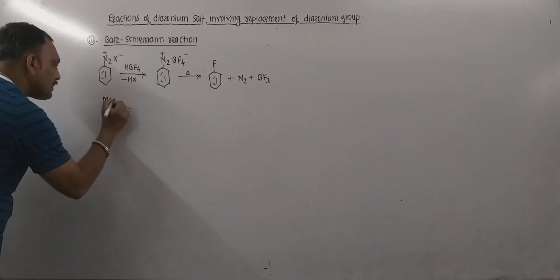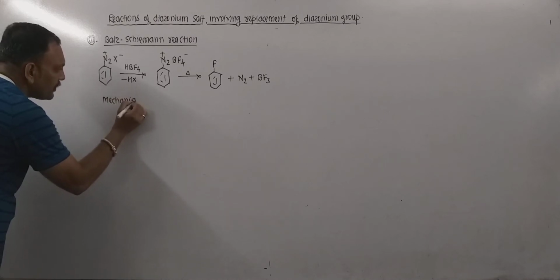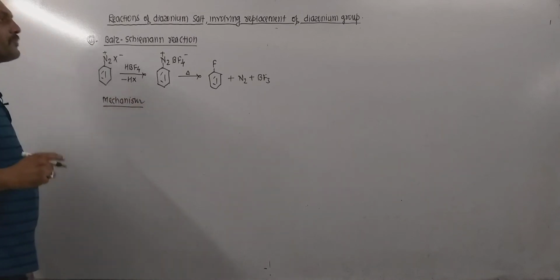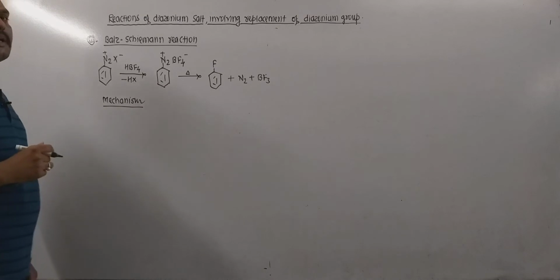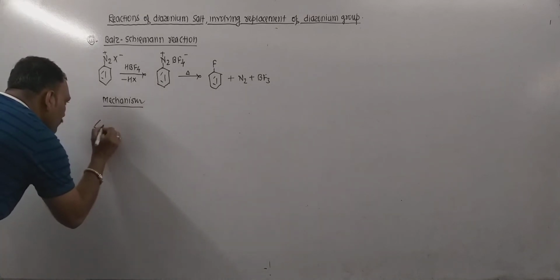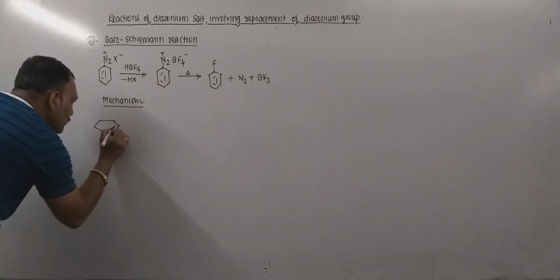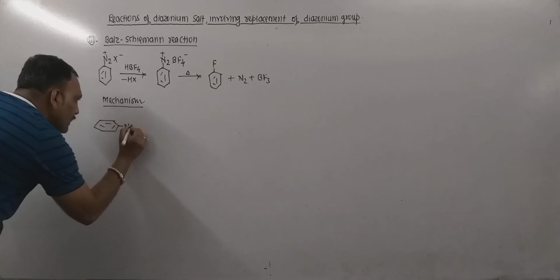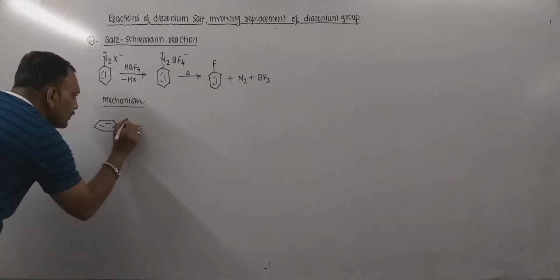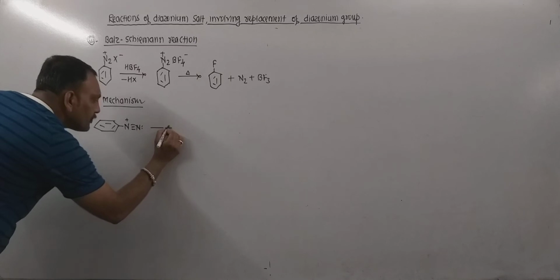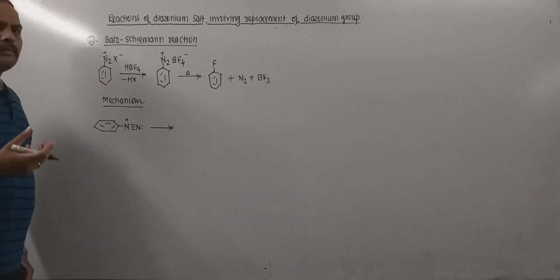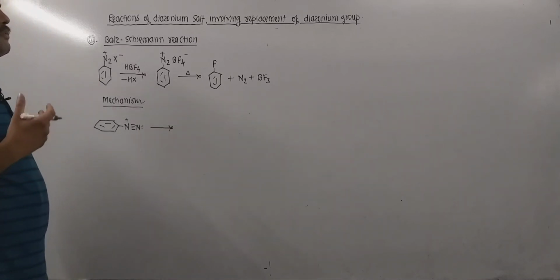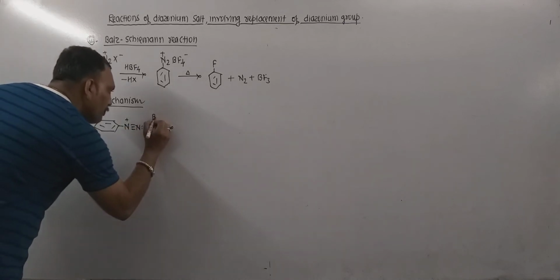Now let's see the mechanism of this reaction also. We know very well that we have the benzene diazonium ion, which can be given as, so this is the benzene diazonium ion. In a very important and crucial step, what happens?